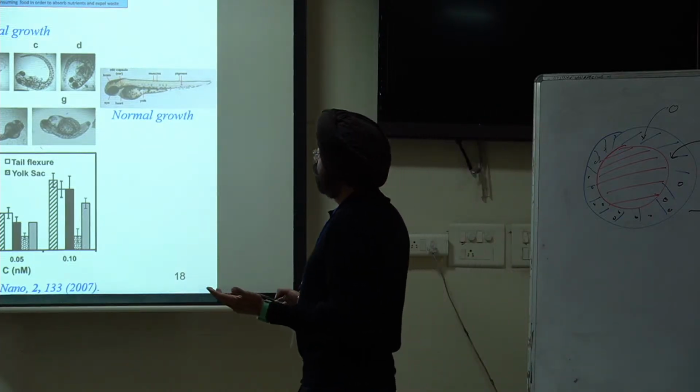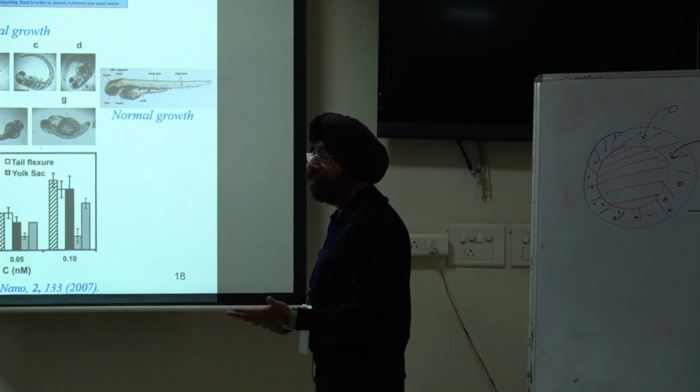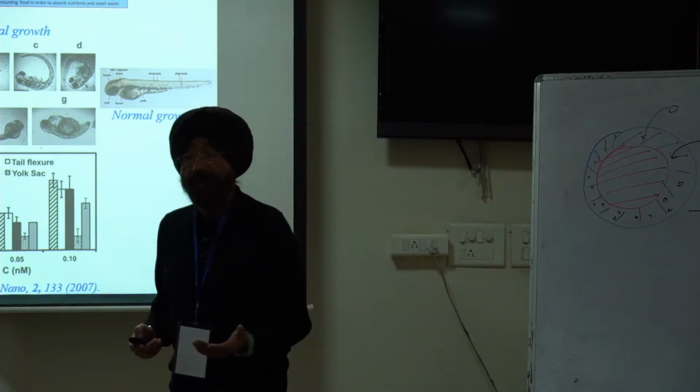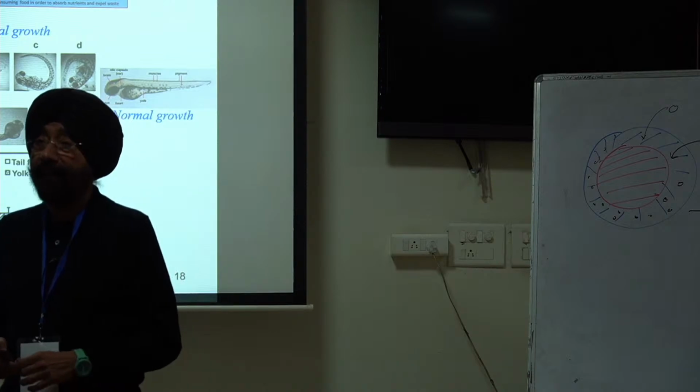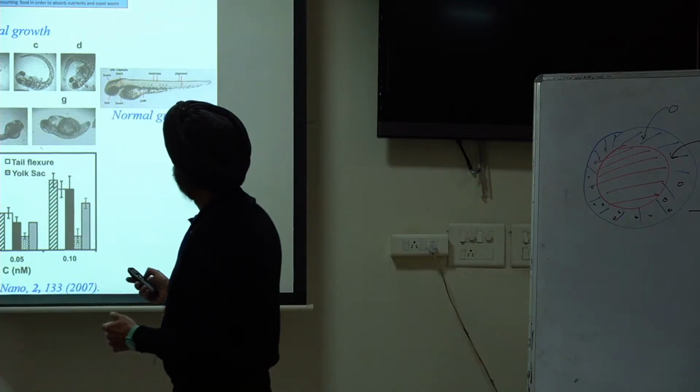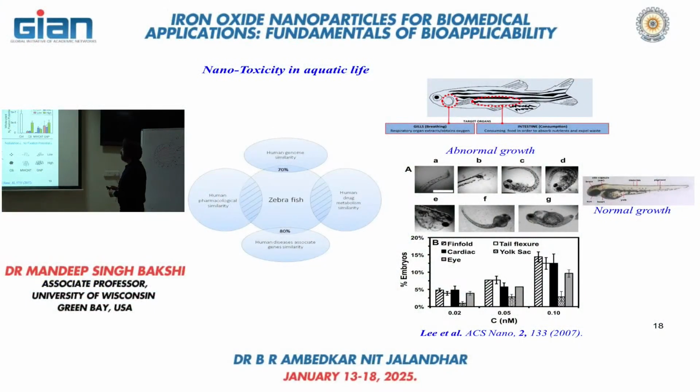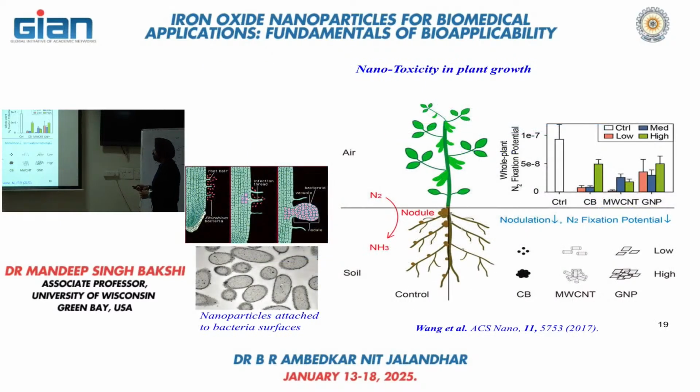So therefore, any kind of nanotoxicity that is existing in the fresh water eventually affects the aquatic life. So, we have talked about the aquatic life in water. What is happening outside with the plant growth? How is the plant growth affected?